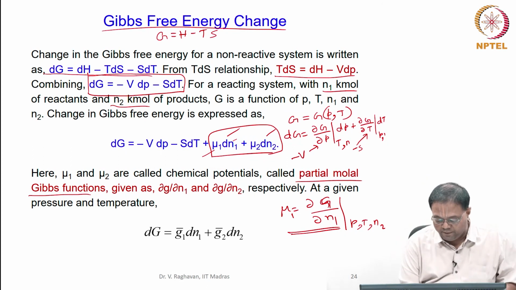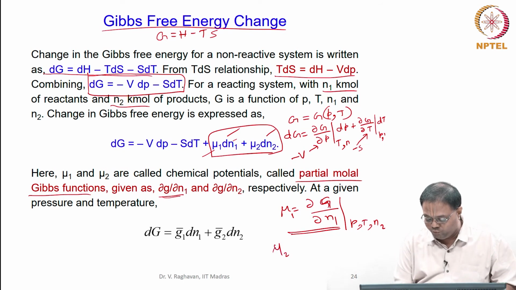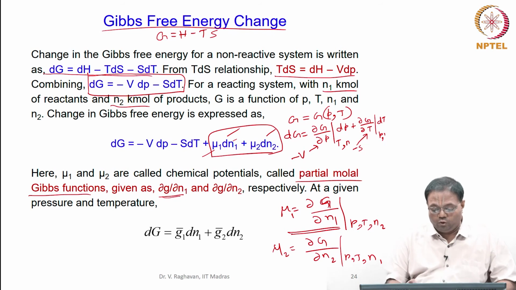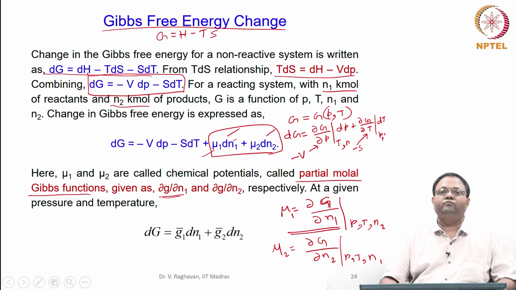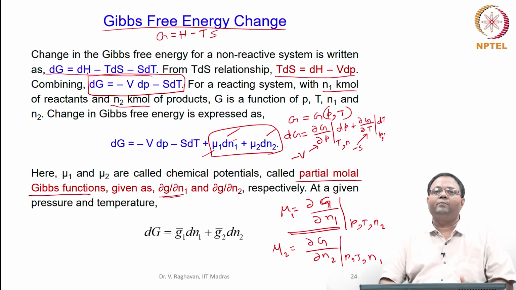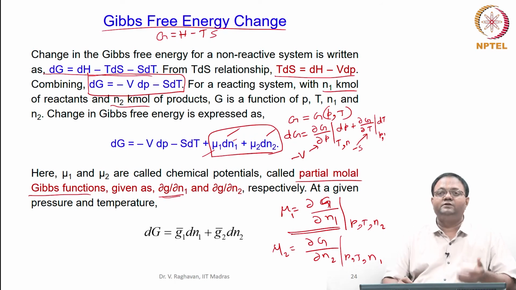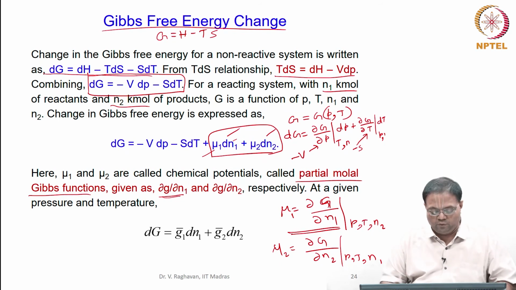Similarly, mu2 will be equal to dou G by dou n2 when pressure, temperature and n1 are held constant. So mu1 into dn1 will give you the change which happens when there is a change in the number of reactant species. Similarly, mu2 into dn2 will give the change in the Gibbs free energy when there is a change in n2, the number of moles of the product species.